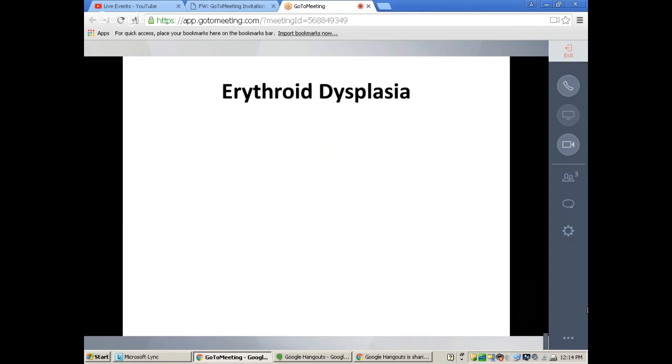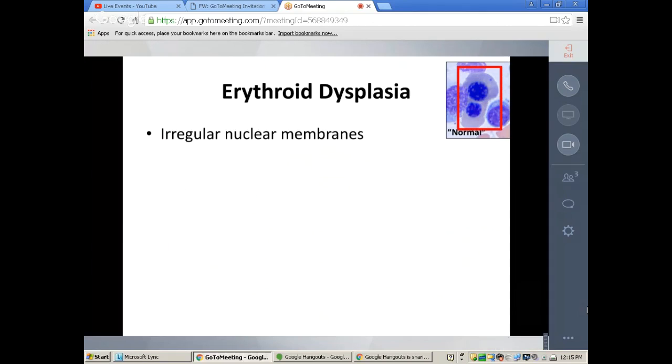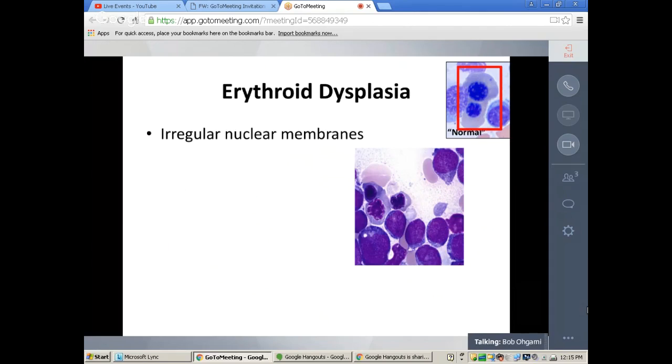What do those look like? Here are the essentially normal erythroid cell precursors. Erythroid dysplasia is when you see irregular nuclear membranes in your erythroid precursors, as seen here. Also megaloblastic changes or nuclear to cytoplasmic asynchrony, so the nucleus maturing at a different rate than is appropriate with the hemoglobinization or the cytoplasmic maturation of cells.